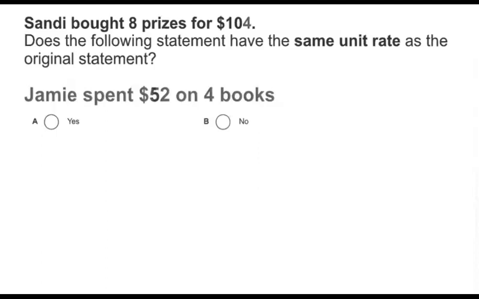Sandy bought 8 prizes for $104. Does the following statement have the same unit rate as the original? Oh, okay. If you do half of 8, you'll get down to 4, so you can scale it down that way. Or you can do half of 104 and get 52. So those both match up. If you divide 8 by 2 and 104 by 2, you get 4 and 52. So the answer to this one is yes, they both match up.